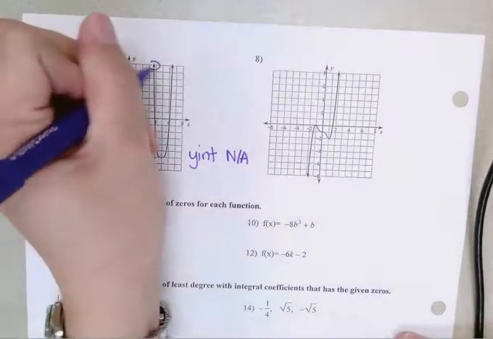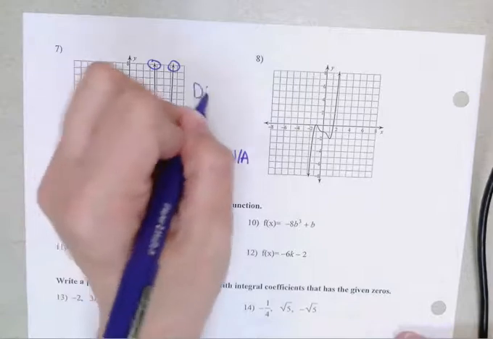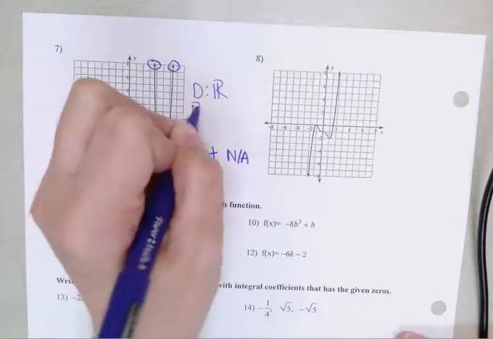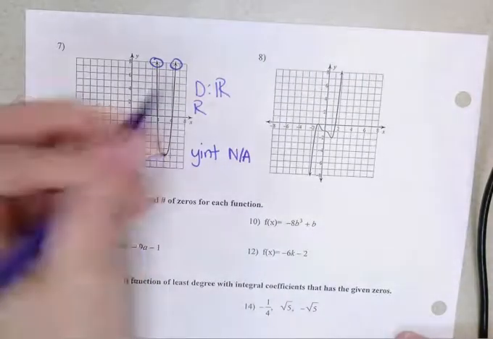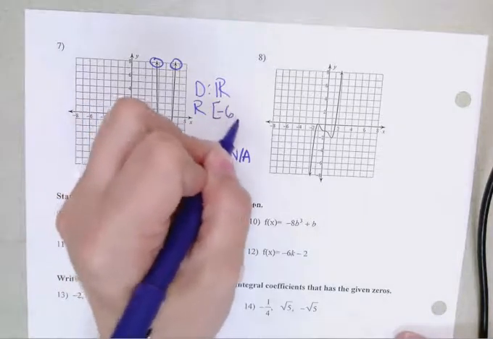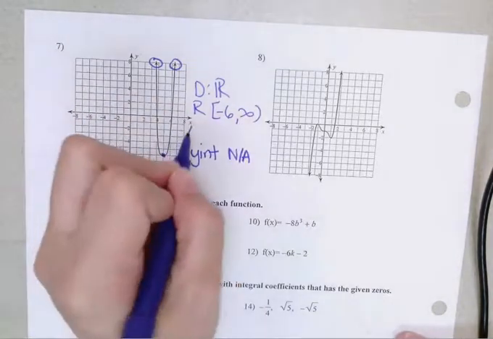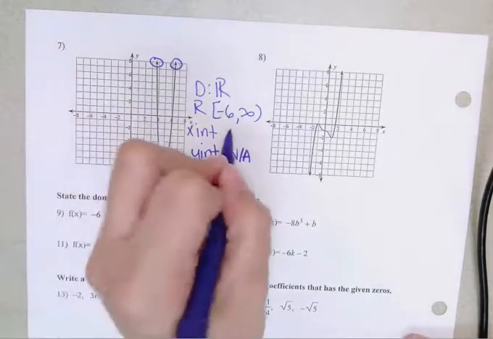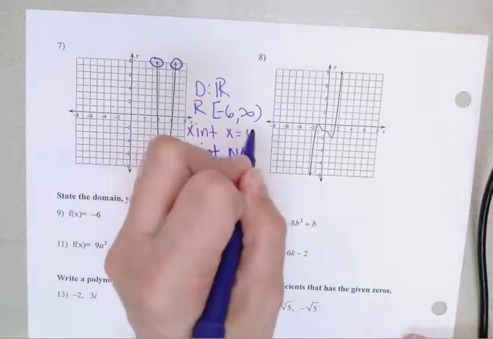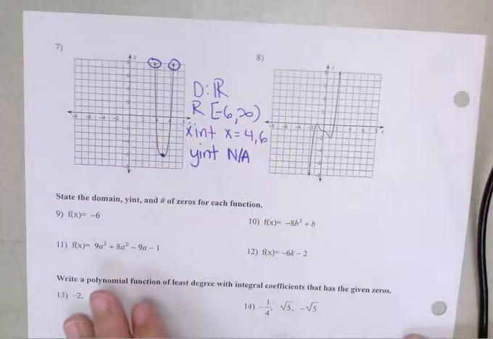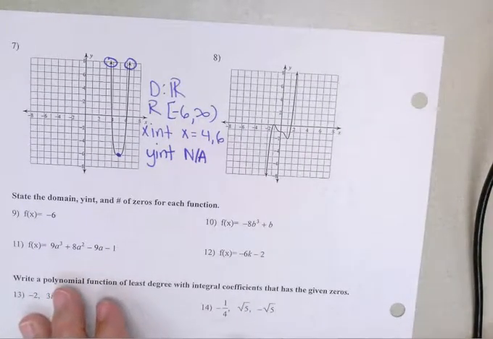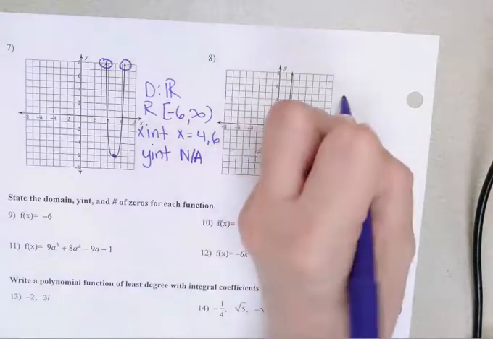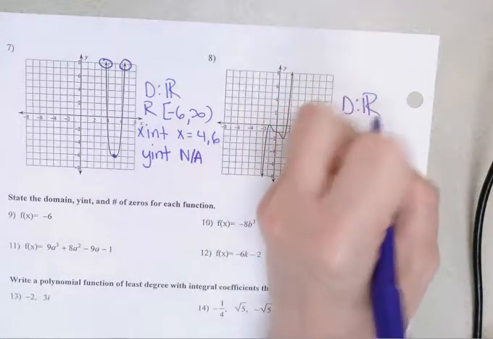Alright, so again, domain, all real numbers. Your range, the lowest it goes is -6, so bracket -6 up to infinity. And your x-intercepts are 4 and 6. So x equals 4 and 6. All right, and then number 8, domain, all real numbers.